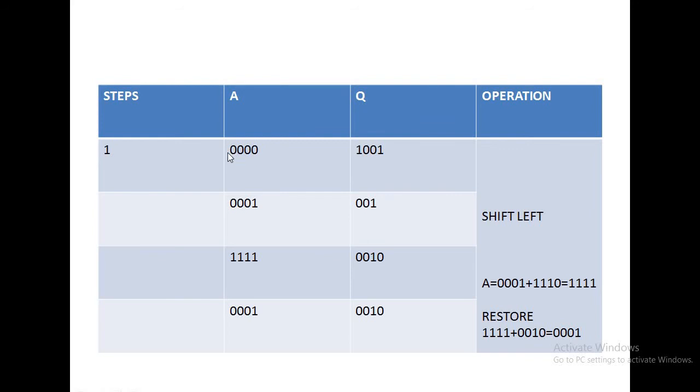See, this 0 is shifted towards the left. If this 0 is shifted towards the left, this 0 is totally lost. Then this 0 is shifted towards the left, this 0 is shifted towards the left, and this 1 is shifted towards the left and comes to here. Then this 0 is shifted left, this 0 is shifted left, and this 1 is shifted left.